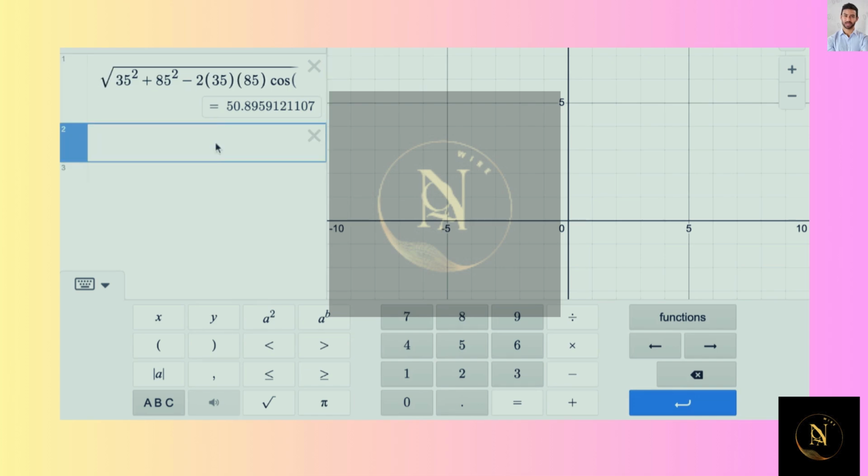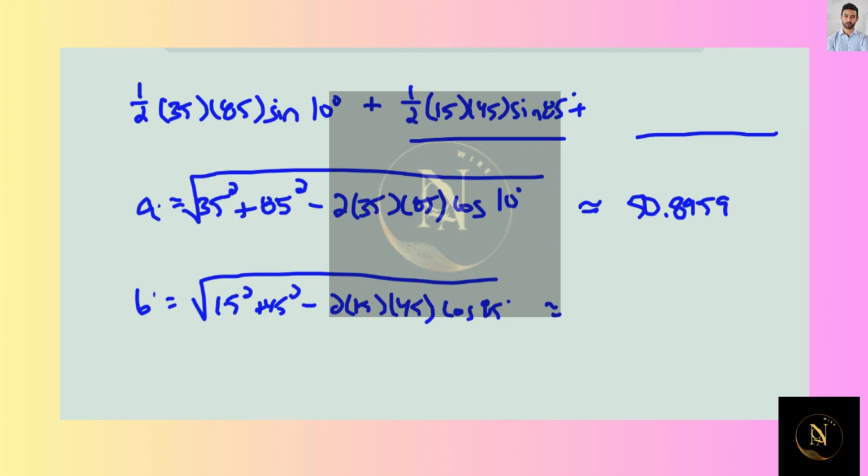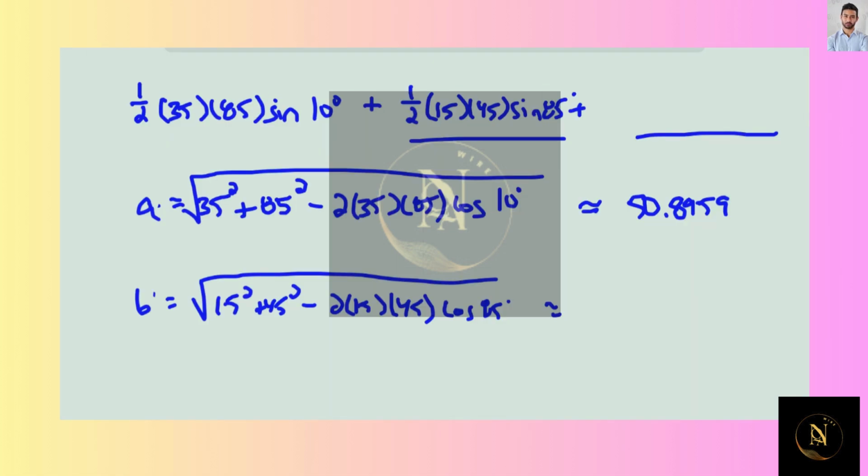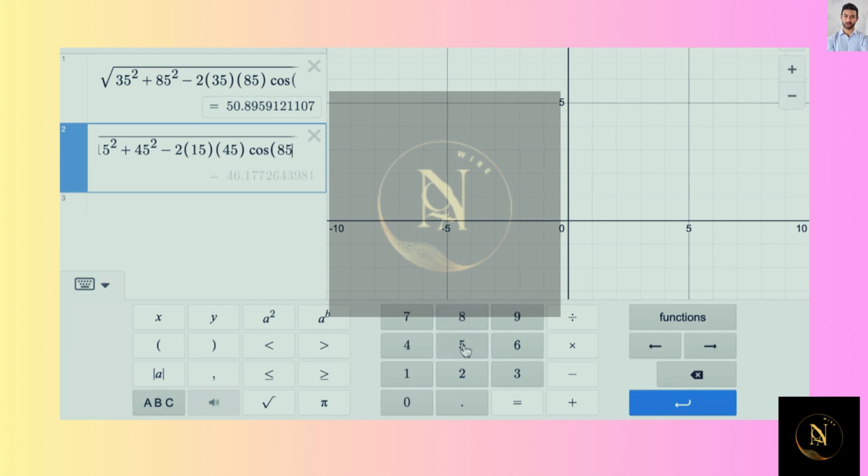All right. The second one using the law of cosines uses 15, 45. So it'd be the square root of 15 squared plus 45 squared minus 2 times 15 times 45 times the cosine of the included angle 85 degrees. So that's 46.1773.